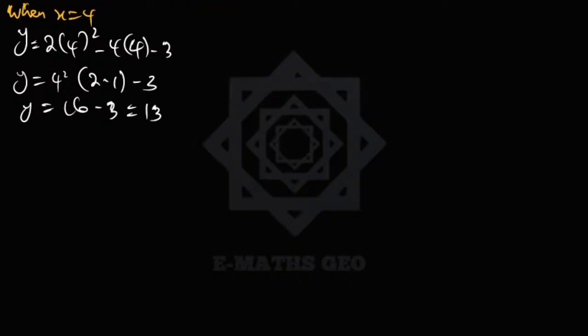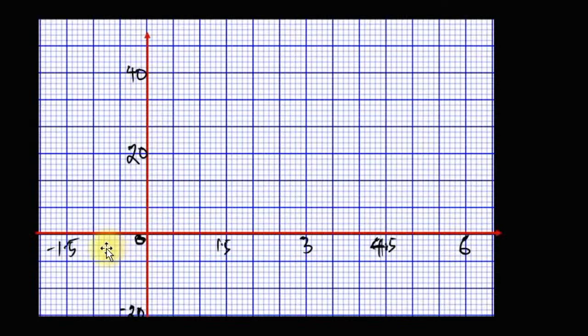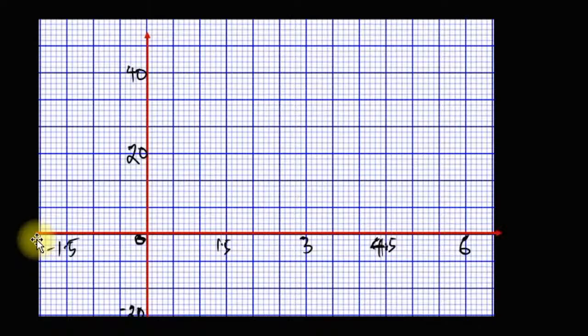So for x, I'll do 2 over 0.1, which is 20 grid lines. Counting 5, 10, 15, 20, it's there.